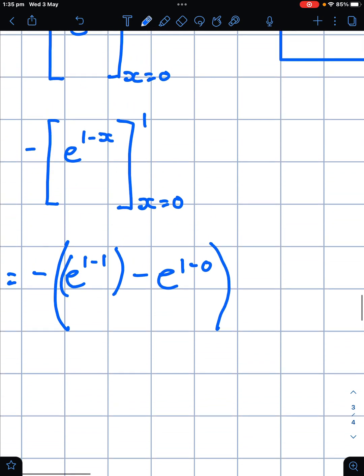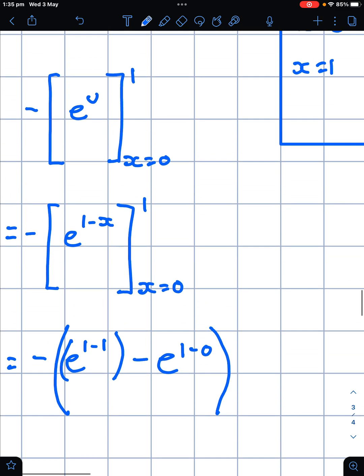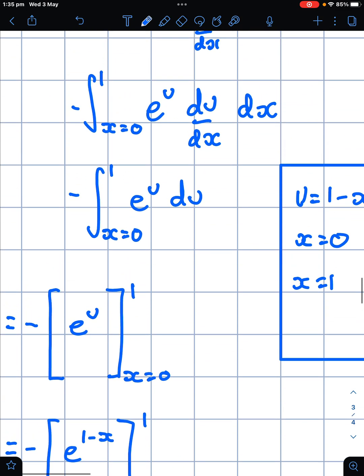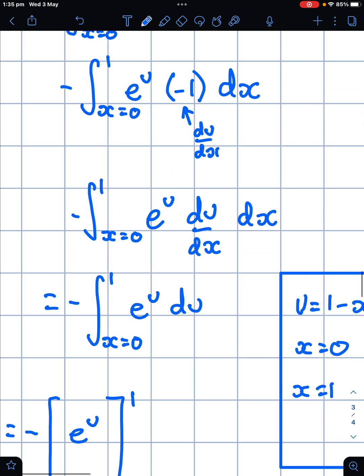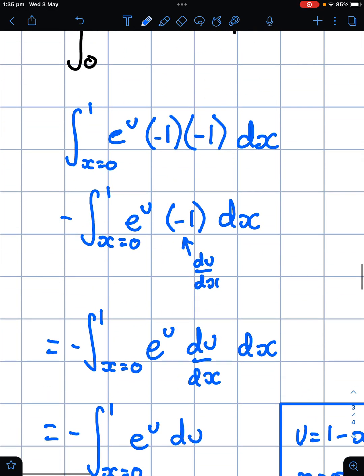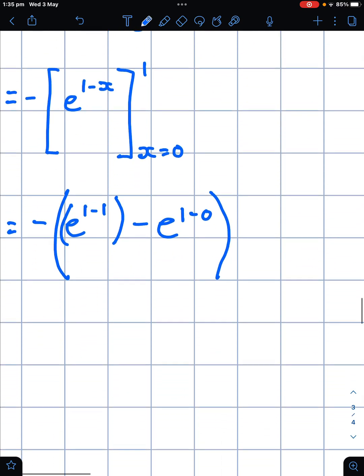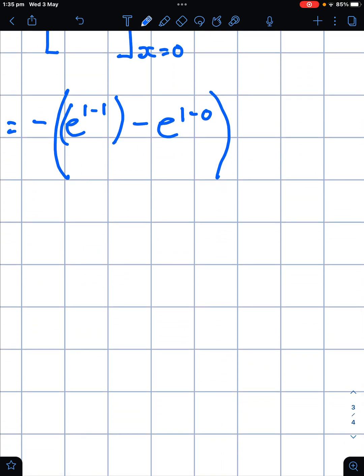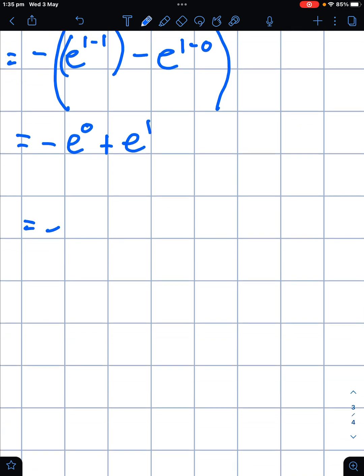I should be doing equal signs here. Okay, that was just me being a bit pedantic. So this next step means I've got negative e to the 0, and then negative times a negative is going to be plus e to the 1, which means this is equal to e to the 1 minus 1.